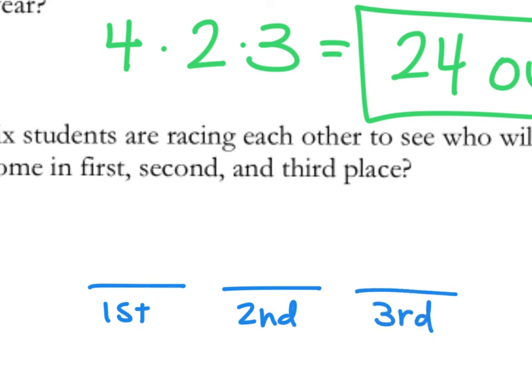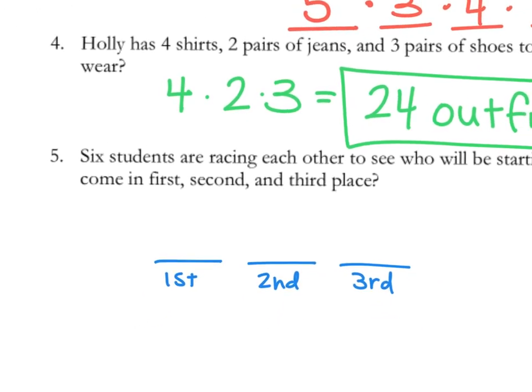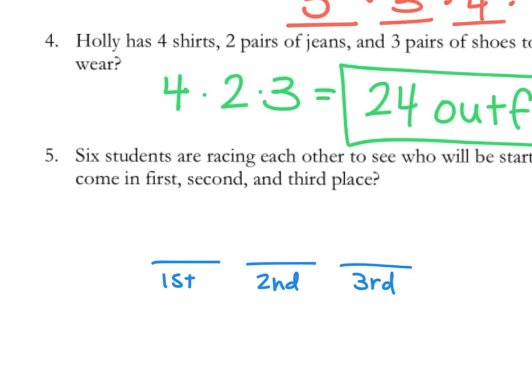So guys, how many different people could possibly come into first place? How many options are there? Well, there's 6 students, so there's 6 possible people that can come into first. Okay, seems fair enough. How many people could come into second? If you're thinking 6, you're close. But don't forget, someone already came in first place. So how many people are left over to come into second place? 5 people.